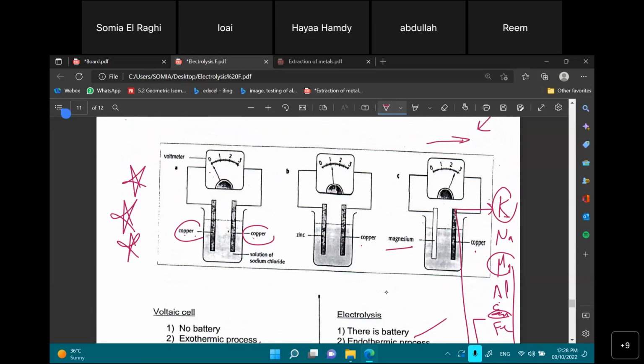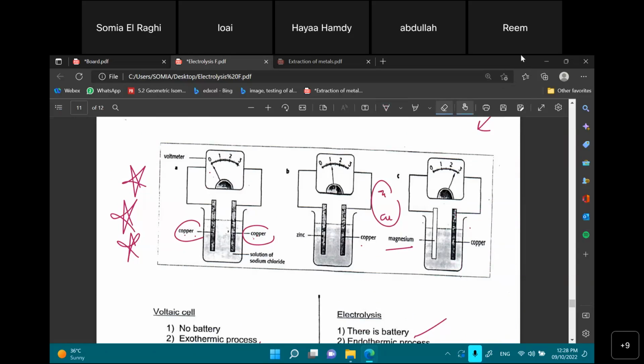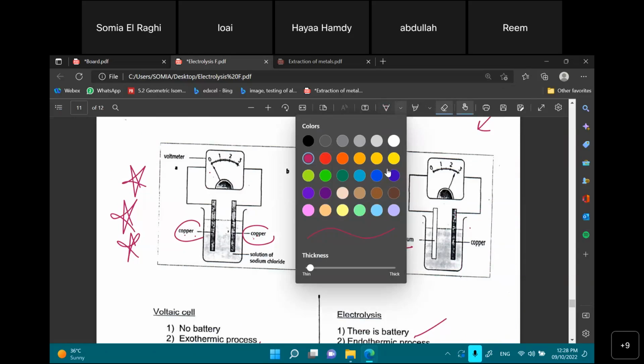So briefly, if you increase the difference in reactivity, voltage increases. Very important question in your exam. So copper in the bottom with zinc over here, to get this value. But if you take magnesium from the reactivity series, we studied the reactivity series in the extraction of metal, and it's better to memorize it.